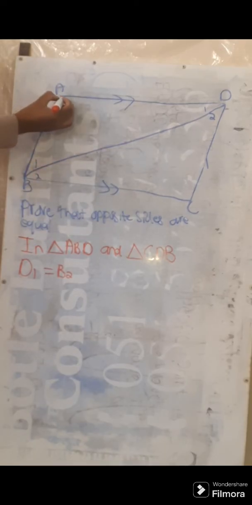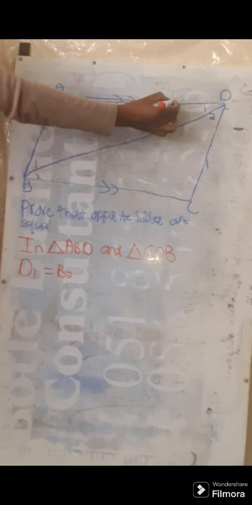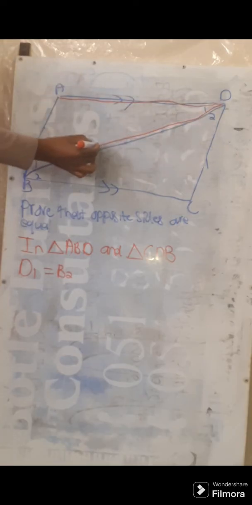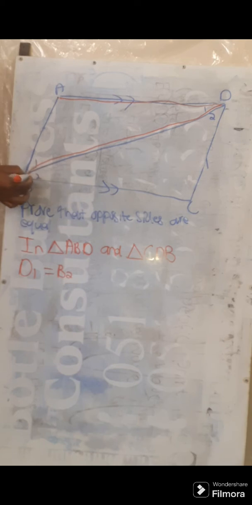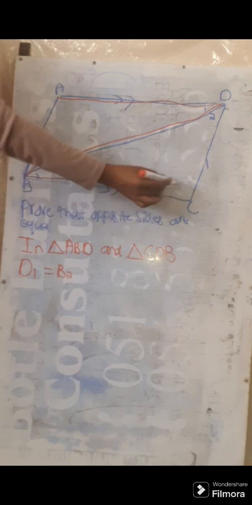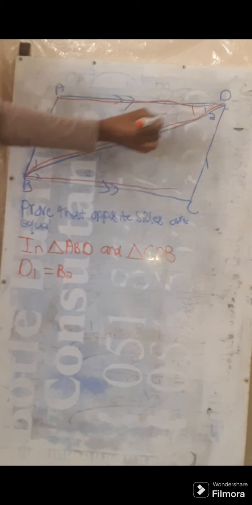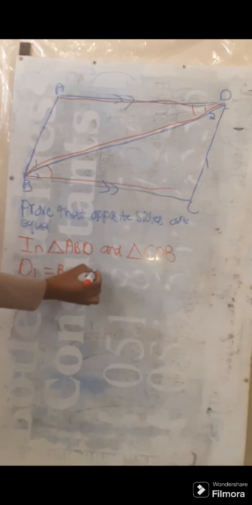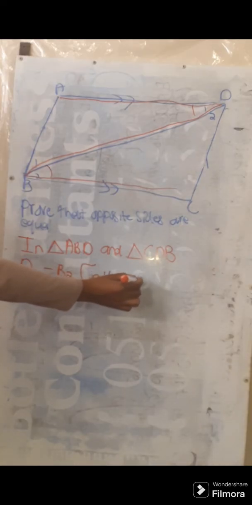Now when you go from here and draw a Z, and then to this line here, and then to that line there, you'll see that D1 equals B2, and that is alternate angles. You can write it in full or shorten it, but I am going to write it in short.